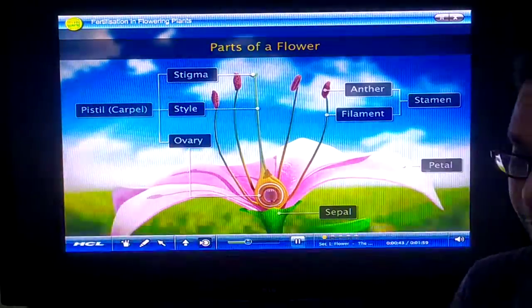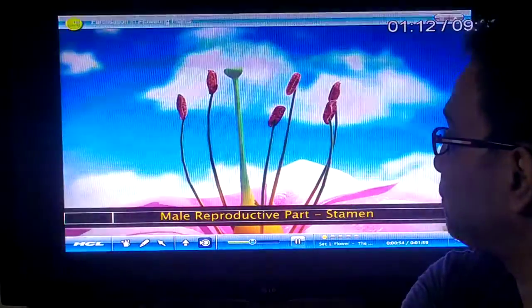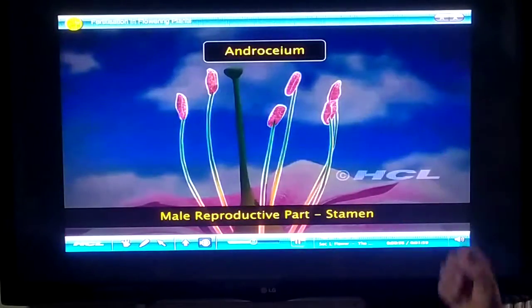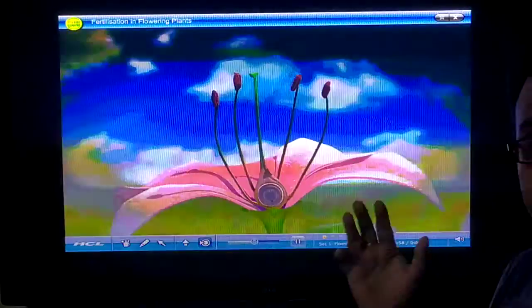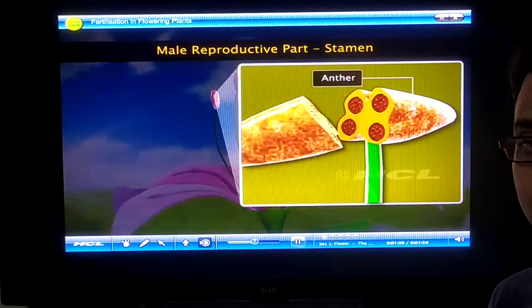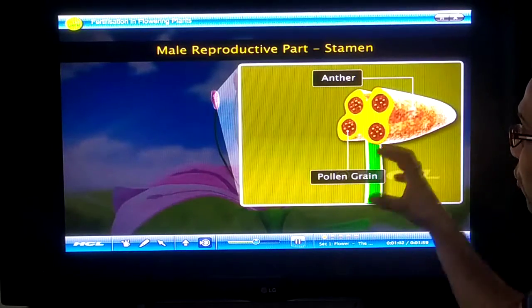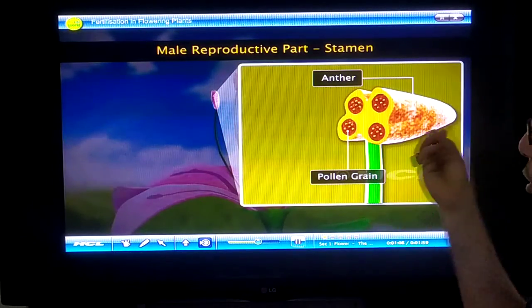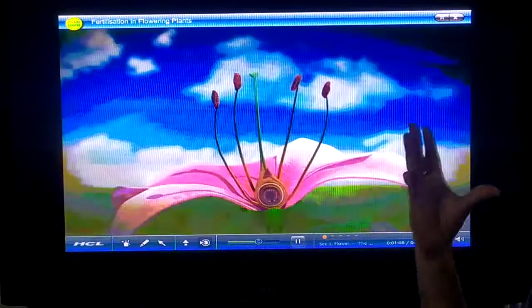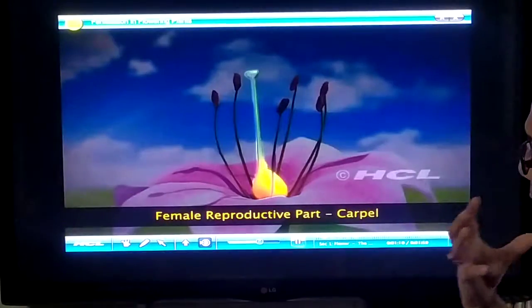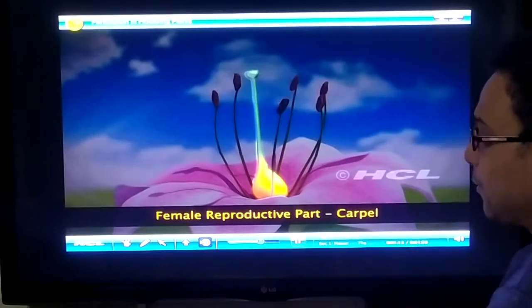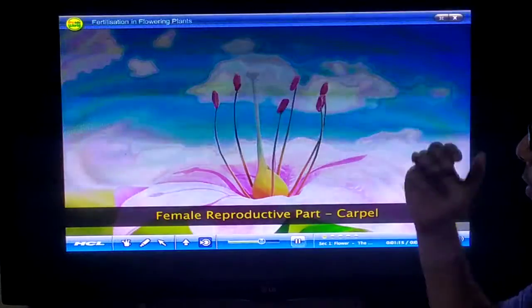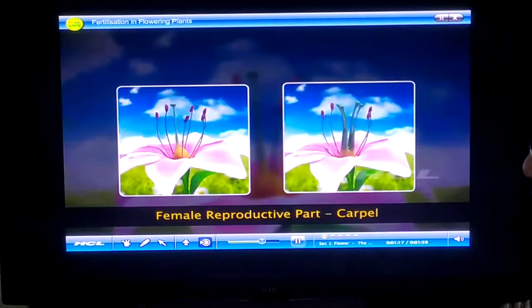So these are the different parts of the flower. The male reproductive structure, the androecium, plays an important role in the sexual reproduction of flowering plants. The anther is a bilobed structure, which is the origin of the production of pollen grains. And this is the female part, the carpel: stigma, style and ovary.